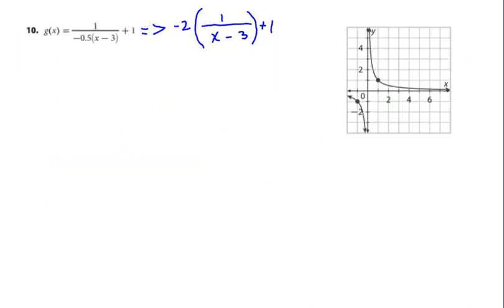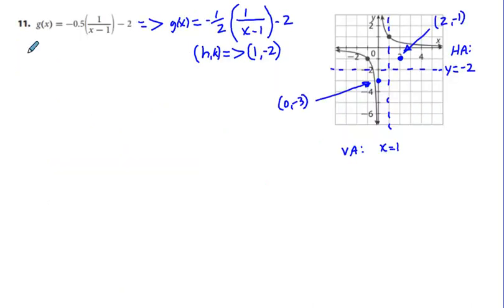Okay, back to number 11. We've already transformed these reference points, and I've already marked what they are. Now we're going to look at this -1/2. What this -1/2 is going to do is I'm going to reflect first about the horizontal asymptote.